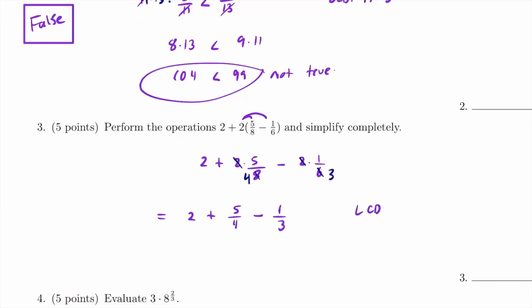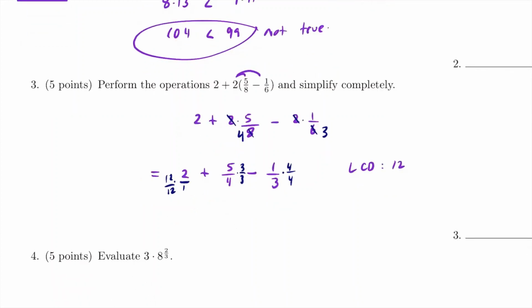And now we can figure out the least common denominator to combine, which would be 12, the product of this and that. So we multiply each fraction by what they're missing. So this one, write it as over 1, and multiply it by 12/12. This 3/3, so you'll have 12 in the denominator. This one 4/4, so you get 12 in the denominator.